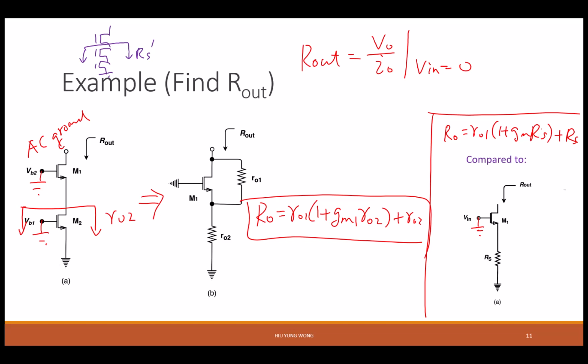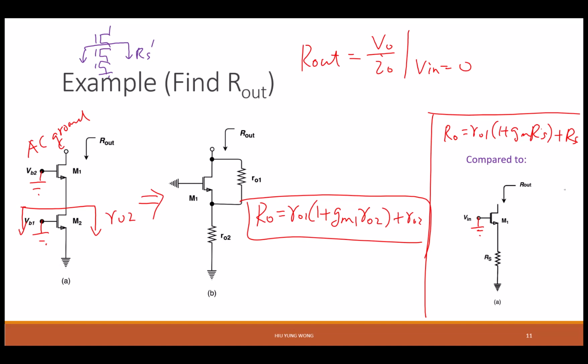Now, then I start mapping. Well, I look at R out. The gate is grounded, the same. Drain is here, source here, drain is here, source here. They're exactly the same, except I'm given this extra thing, M2. And as you said, can I model this one as a resistor? If I can, then I can use this equation. Then your question is, what is the resistance when you look down?